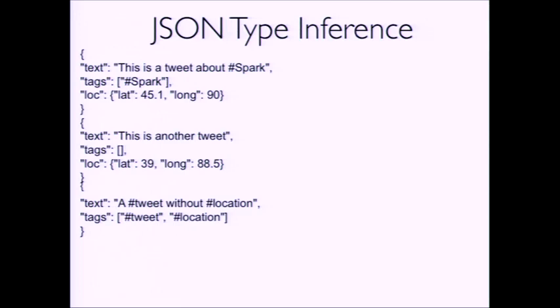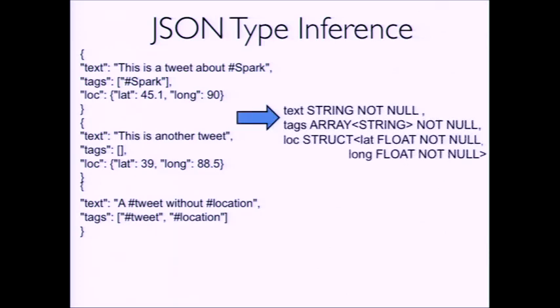And then one other thing you can do, which is kind of fun, is you can throw a bunch of data at the system in JSON. JSON basically has the field name followed by the data. So there's a text, there's tags, there's a location. If you throw enough data at the system, it'll look and say, okay, I see what's going on here. I have a text field that's a string, and it's not allowed to be null.